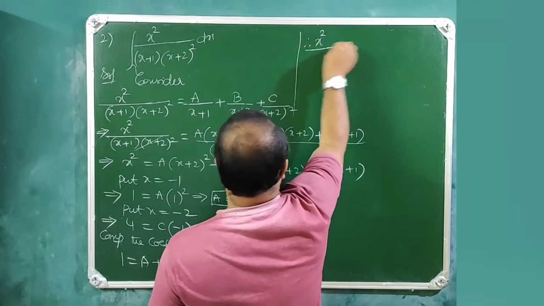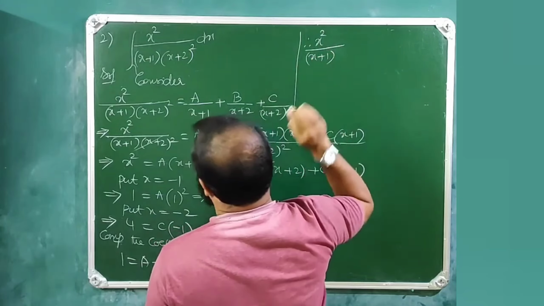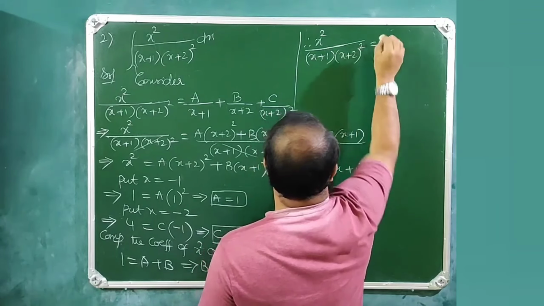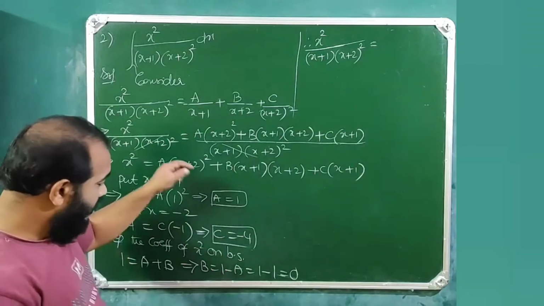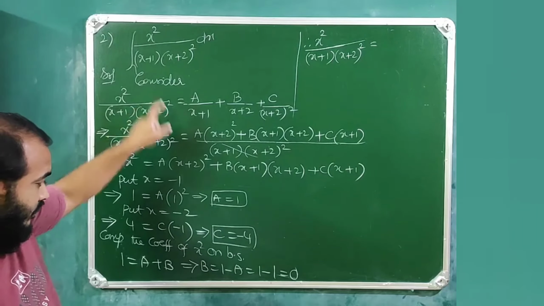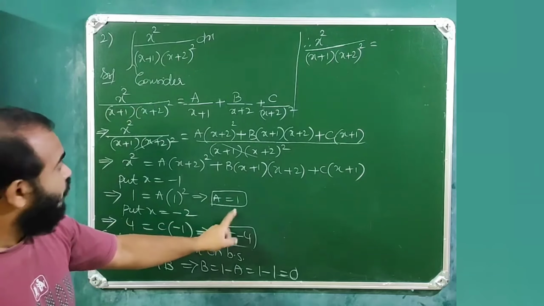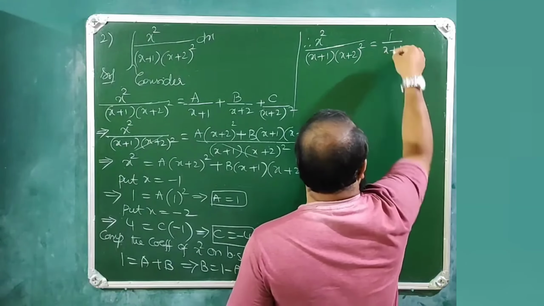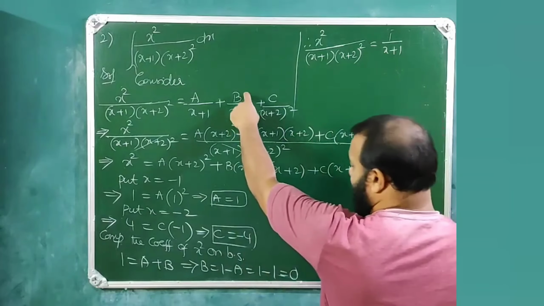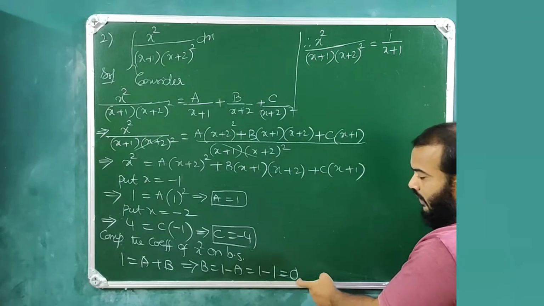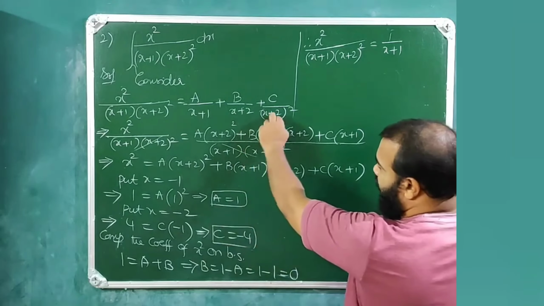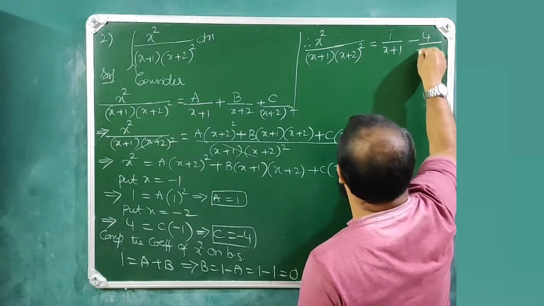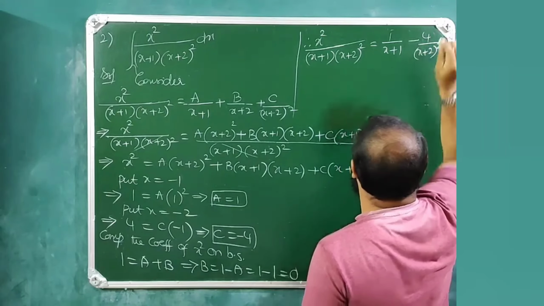So therefore, we get x square by (x plus 1) into (x plus 2) whole square is equal to, the value of A is 1, so 1 by x plus 1. The value of B is 0 we get, so leave it. C value is minus 4, so minus 4 by (x plus 2) whole square.